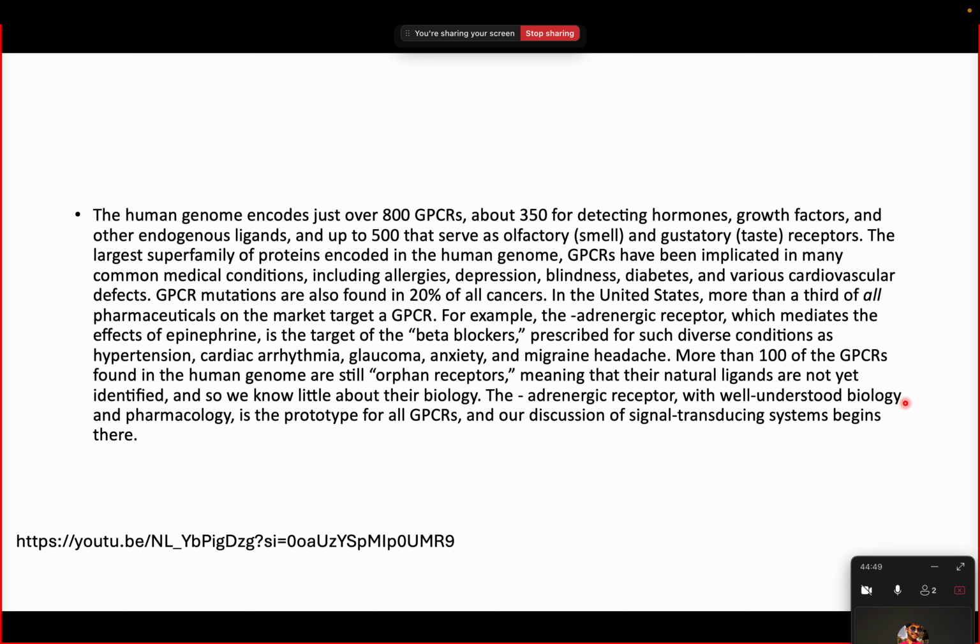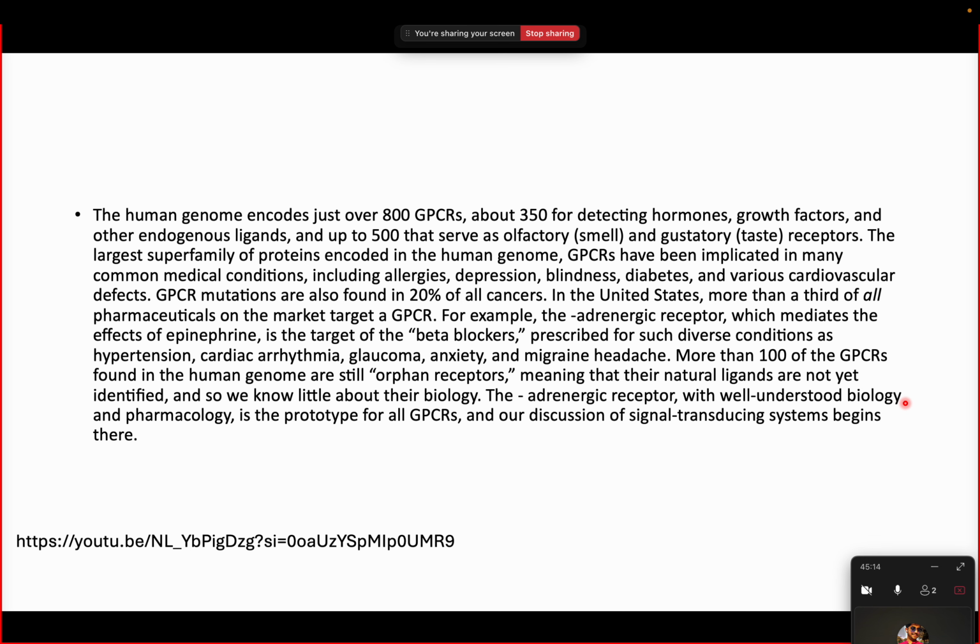The human genome encodes just over 800 GPCRs, of which about 350 are for detecting hormones, growth factors, and other endogenous ligands. So what are endogenous ligands? These are molecules which are generated within the body. And up to 500 serve as olfactory and gustatory receptors.